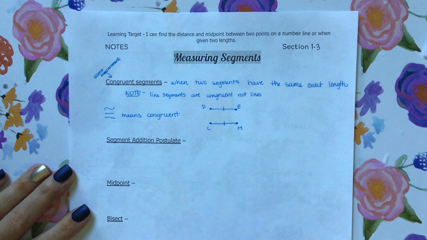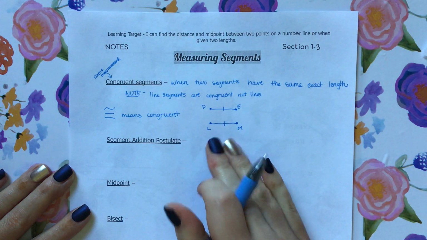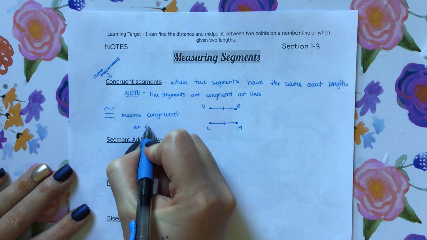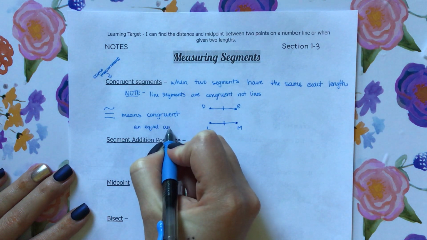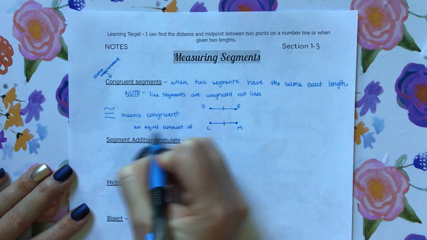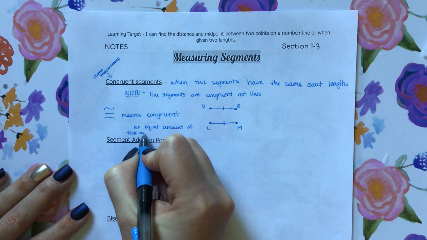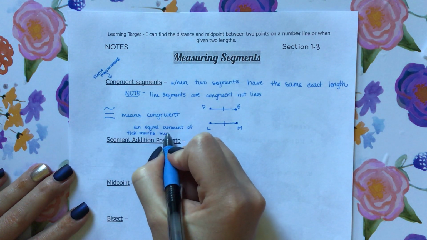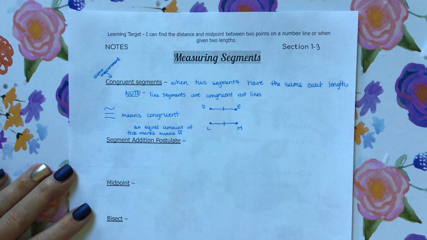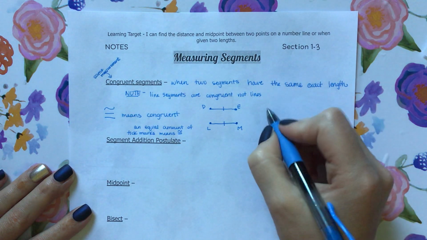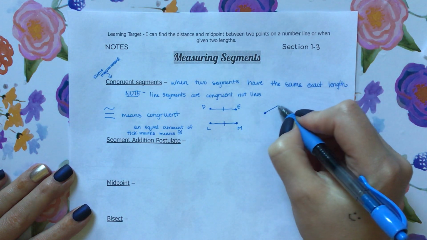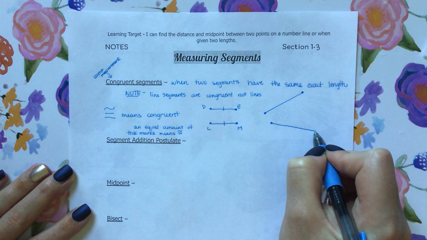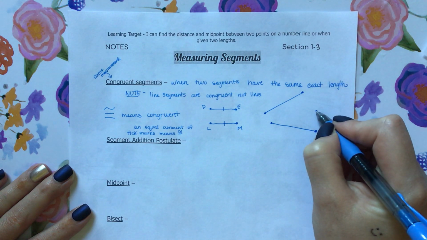Now we can conclude that. We need to have an equal amount of tick marks though, so I'll make a little note of that. An equal amount of tick marks means congruent. All right, so for example, maybe we have three other line segments over here.